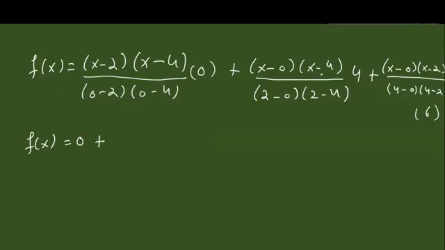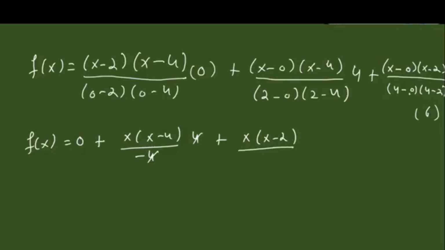x into x minus 4 divided by 2 into 2 minus 4, and there is a 4 on top. This will be cancelled out, plus x minus 0 into x minus 2 divided by 4.